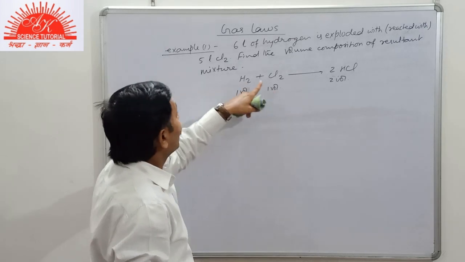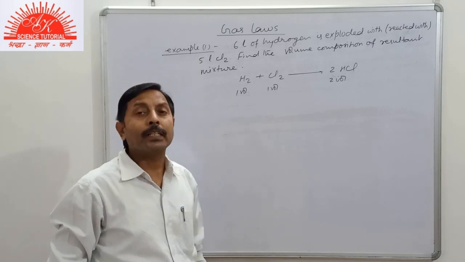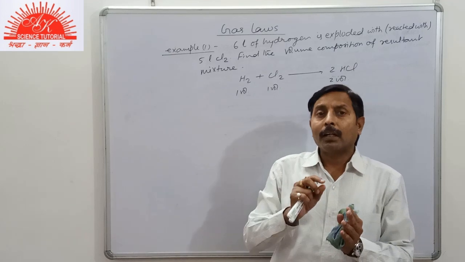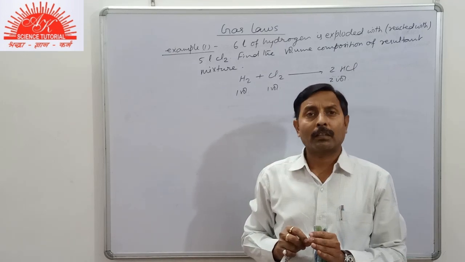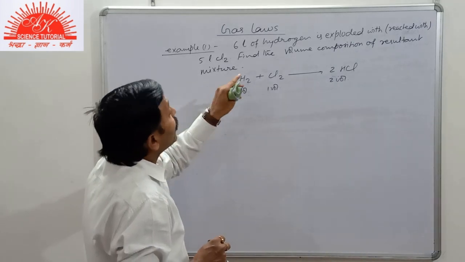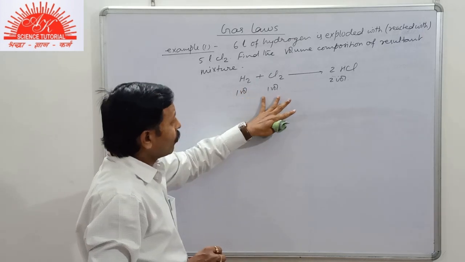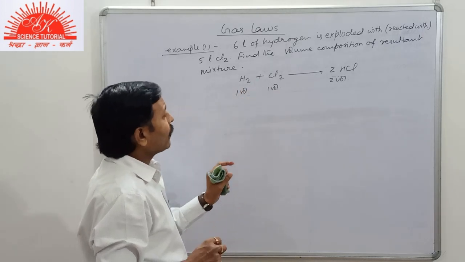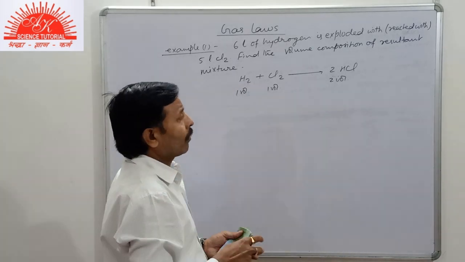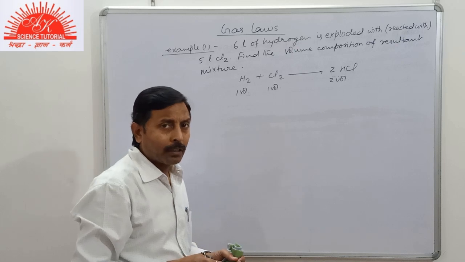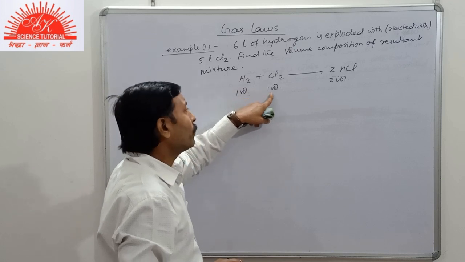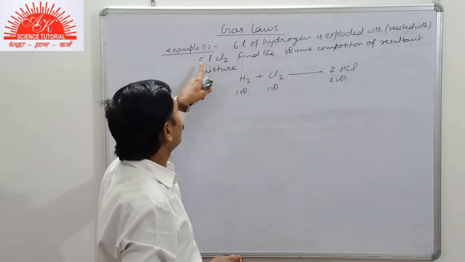But chlorine is only 5 liters, it is insufficient. So in this type of question, where the volumes of both the reactants are given, you will compare the volumes orally, and you will see which substance will be completely used up, and that can be taken for calculation. If we take 6 liters of hydrogen, there must also be 6 liters of chlorine, but we have 5 liters.